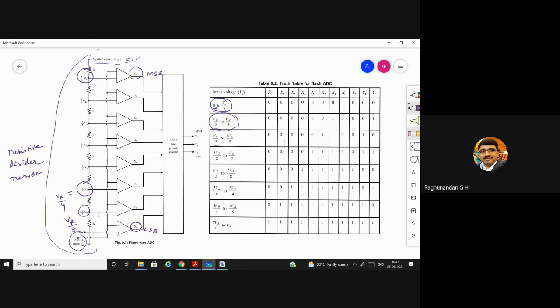See, whenever you consider an 8 to 3 encoder, can you tell me what is the maximum value of this? What is the maximum value of the output when you take a 3-bit? 2, sir? I'm unable to hear, it's not audible.